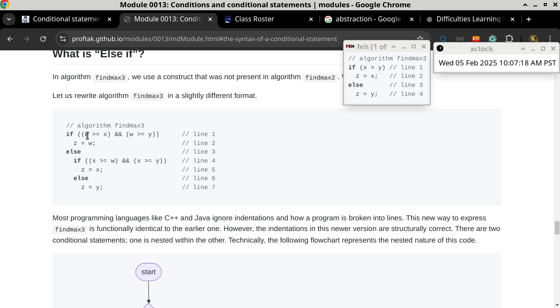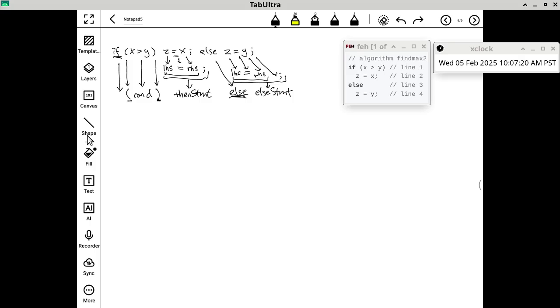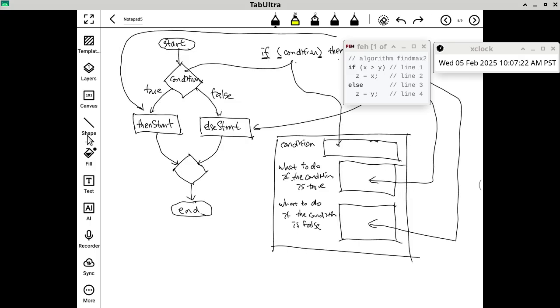So if I go back to the tablet and go back to this picture here, if this is the template card for a conditional statement, one part, which is this part here, is a miniature version of this, but it is embedded here.